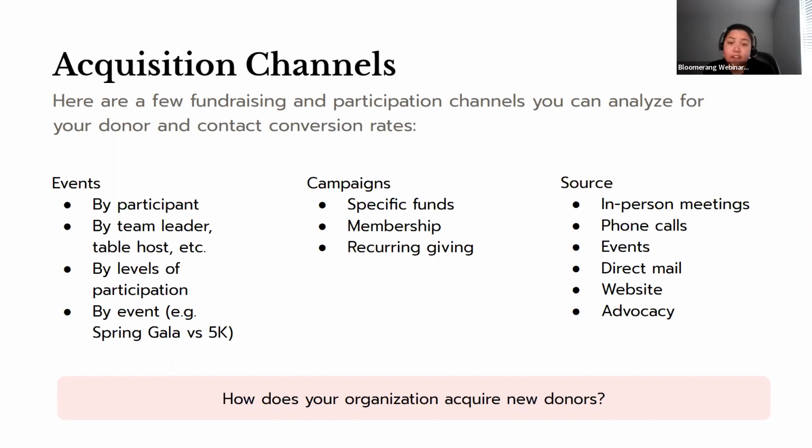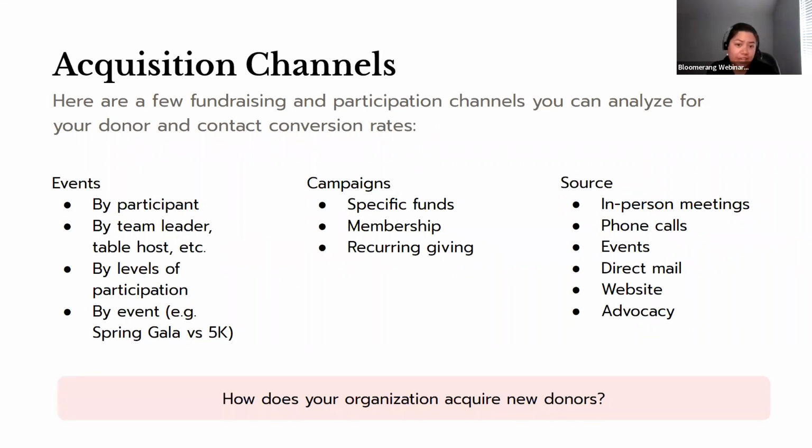Maybe events, or is it direct mail? Again, you know your constituencies best. All of these tools are here to help you, but ultimately, you can take a look at what has been most effective for your organization. Maybe it's website, maybe it's personal advocacy, maybe social media or peer-to-peer.